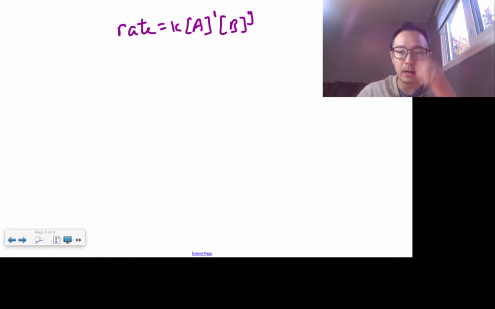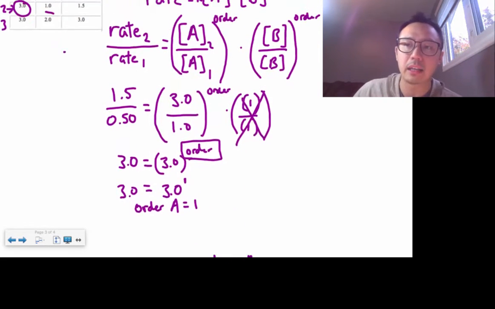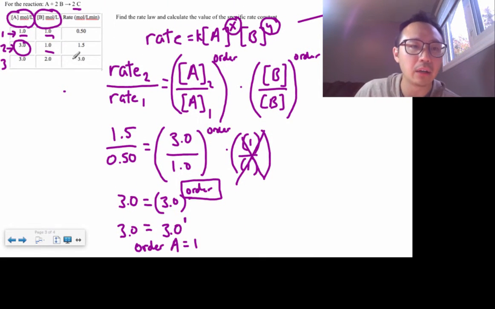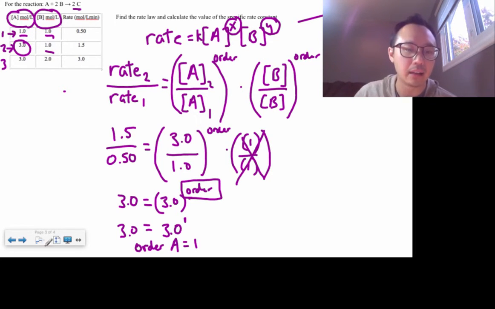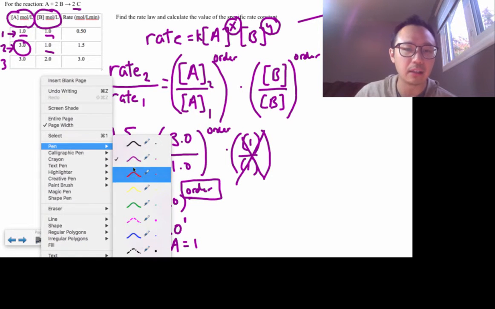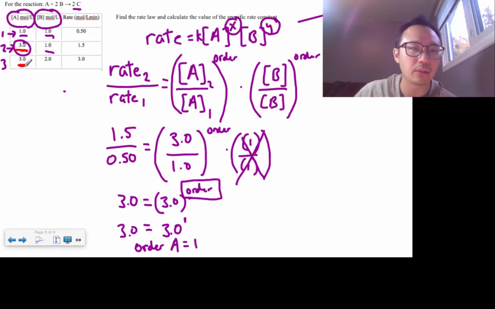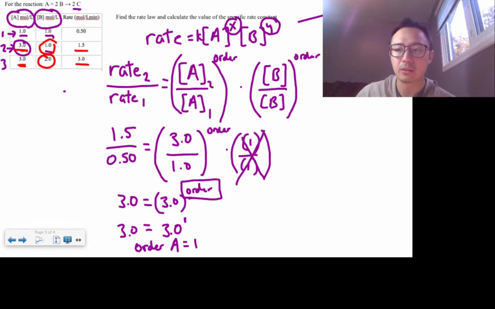So then we have to go back in our initial rates, in our table data, and find two trials where A is going to be kept constant while B will move. And you can see very easily that in trials 2 and 3, A is staying constant while B is changing. So we need these numbers. So what's my rate?